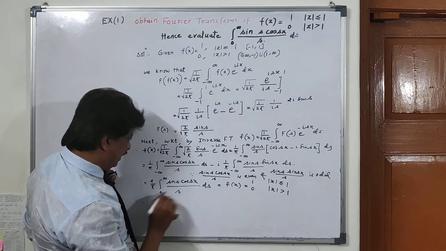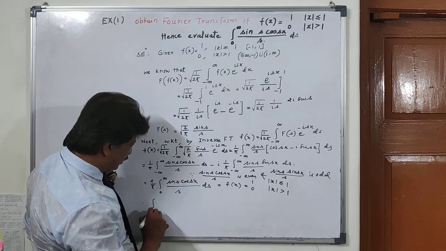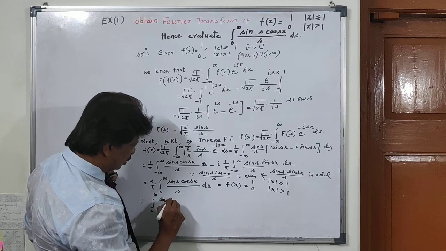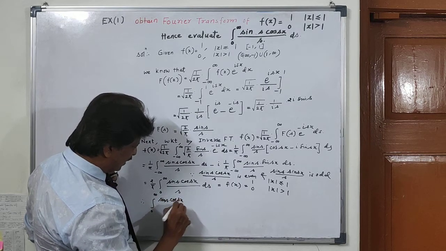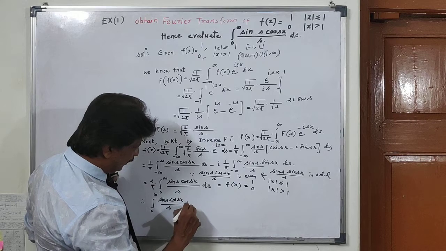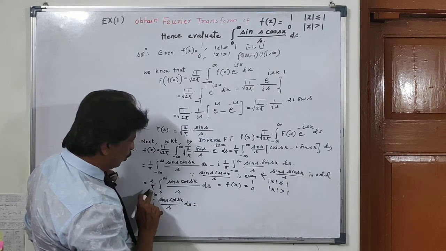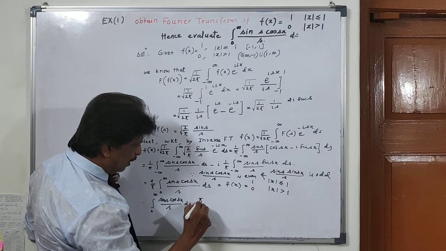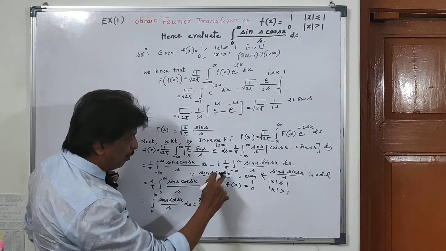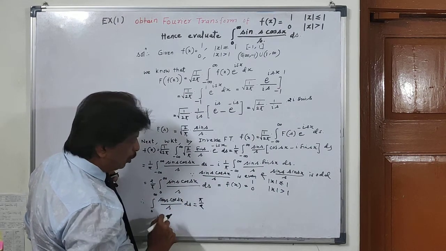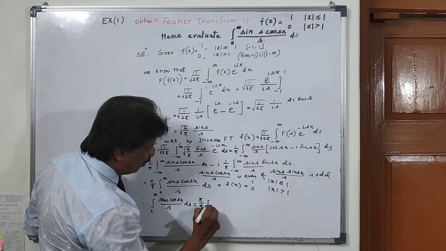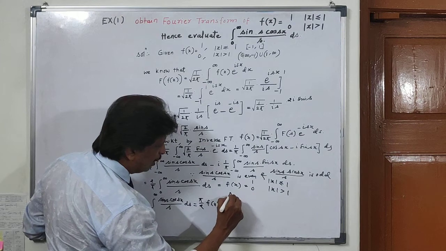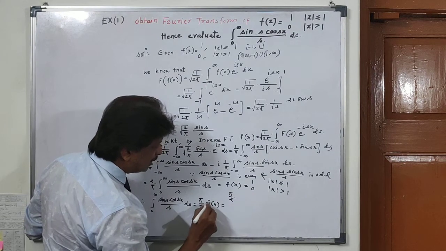Therefore, ये इंटीग्रल की वैल्यू क्या होगी? Integral 0 to infinity sin s cos sx upon s ds is equal to, ये पाई बाई 2 इधर चले जाएगा, पाई डिनोमिनेटर का न्यूमरेटर में जाएगा, 2 न्यूमरेटर का डिनोमिनेटर में जाएगा, इनटू f of x. अब f of x की वैल्यू सब्स्टिट्यूट कर दो, पाई बाई 2 इंटू f of x की वैल्यू कितनी है? 1.